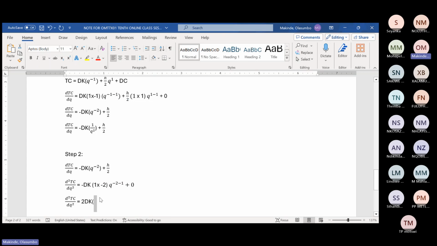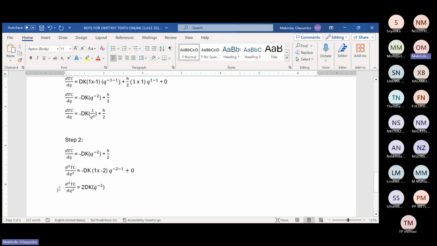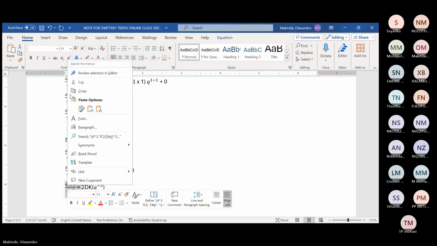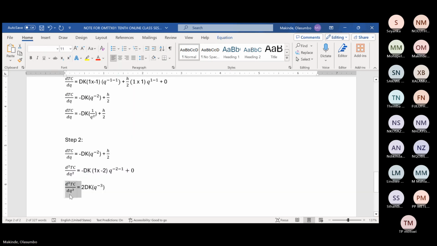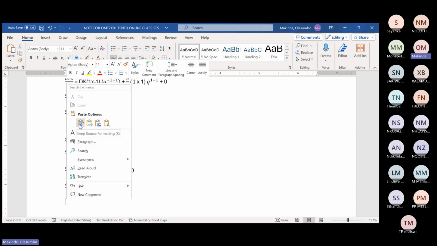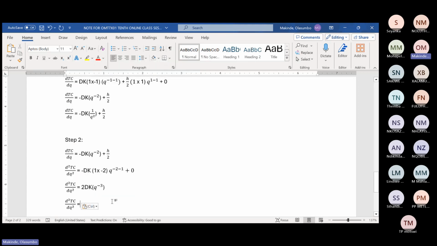So DK into bracket Q raised to the power minus 3. Then from here, you can see if I simplify this finally, this will give me d squared TC over dQ squared equal to 2DK over Q raised to the power 3.